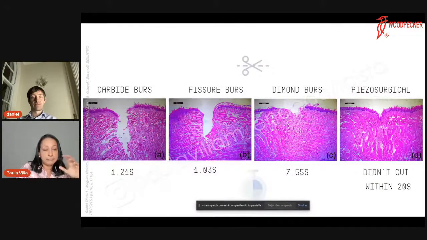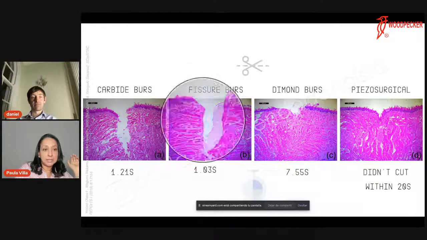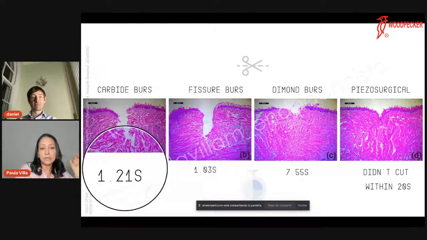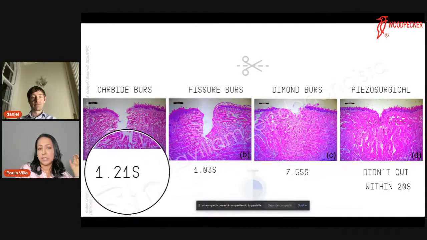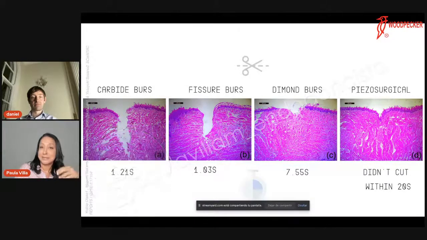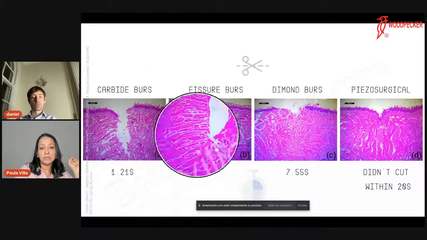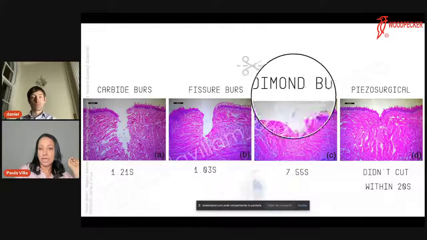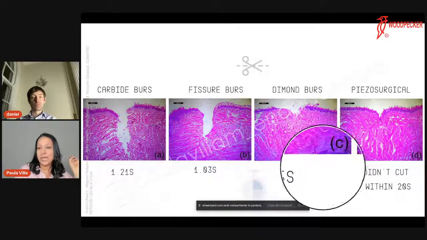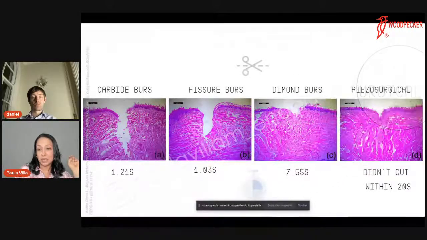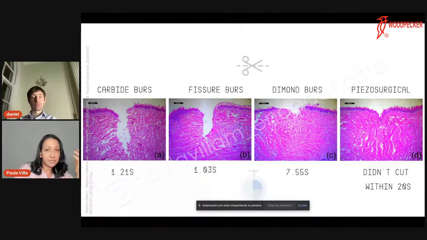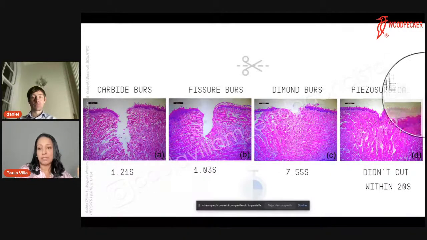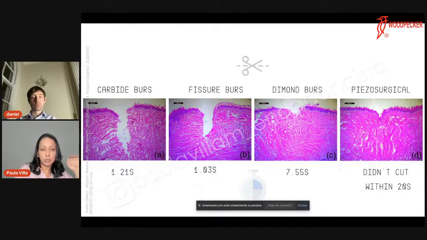At the end, they found that with carbide burs, 1 second and 21.21 seconds was needed to cut the tongue. With fissure burs, 1.03 seconds. With diamond, almost 8 seconds. But with piezosurgical saws, they didn't see a cut after 20 seconds in contact with the soft tissue. So we can touch the soft tissue.